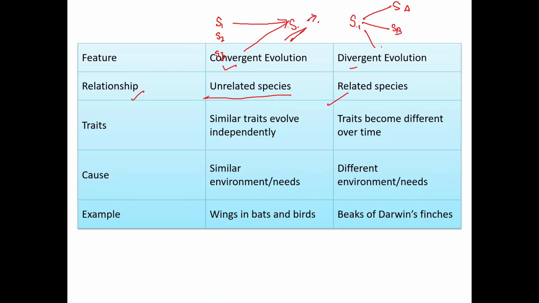As for traits, in convergent evolution similar traits evolve independently; in divergent evolution, traits become different over time. Because of similar environmental needs versus different environmental needs. Example: wings in bats and birds are convergent evolution, and the beaks of Darwin's finches are divergent evolution.